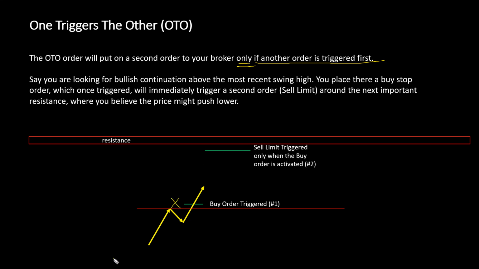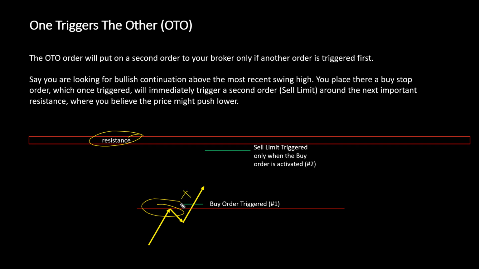In that case, let's assume we are in an uptrend and we want to continue buying if the highs are broken. Or if you are out of a specific range. So you place there a buy stop order, which once triggered, would immediately trigger the second order. The idea is a sell limit around the next important resistance, for example. So let's assume there is a key rejection here and a key rejection here.